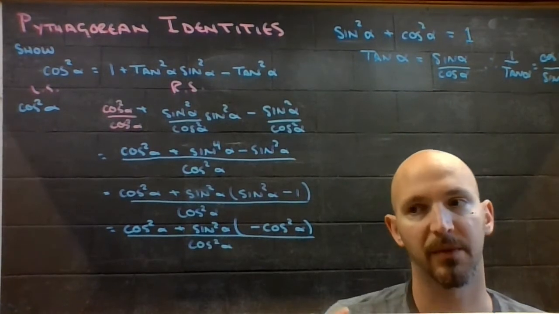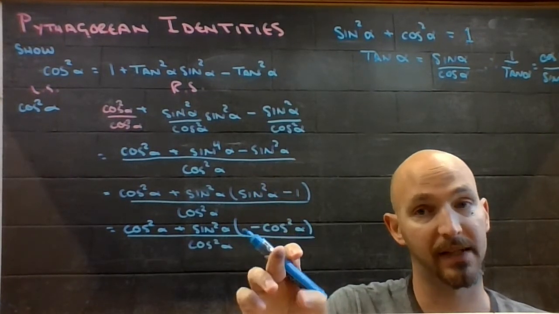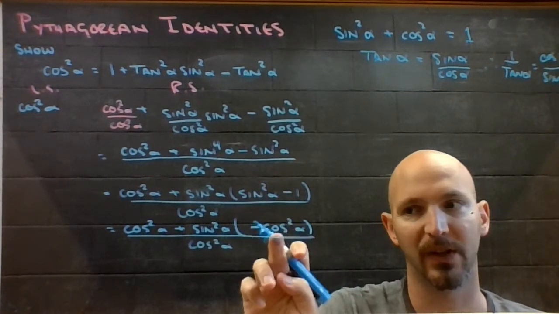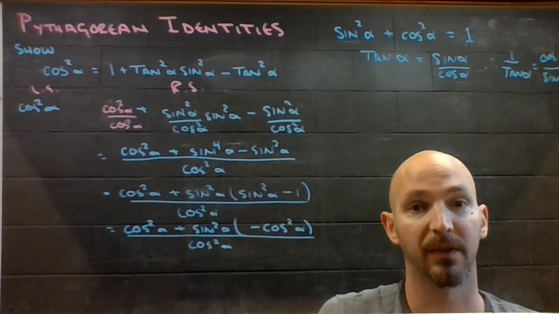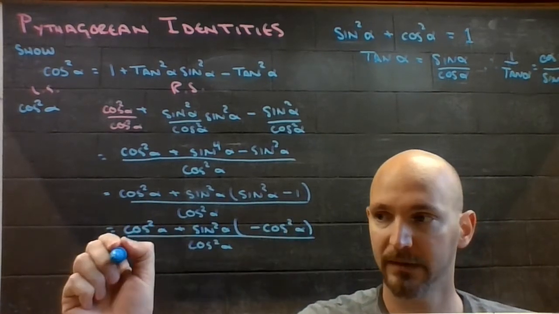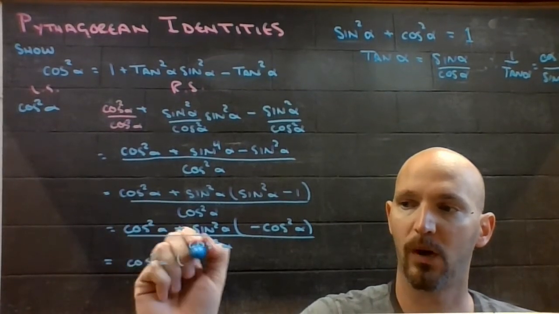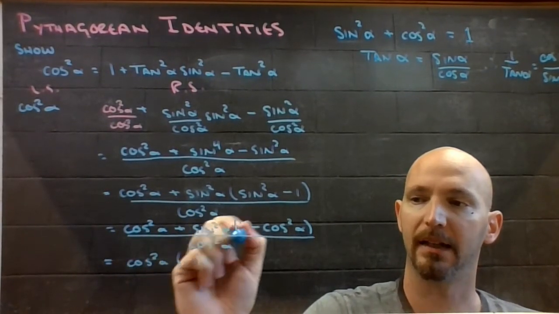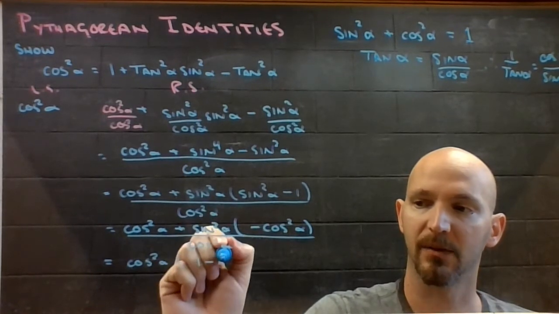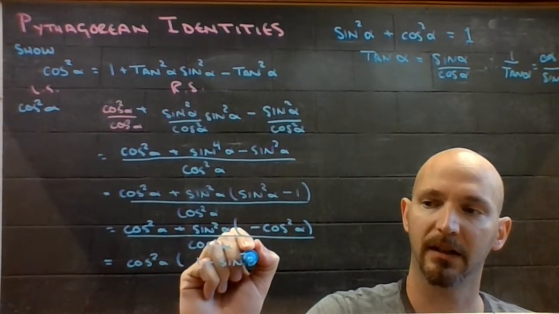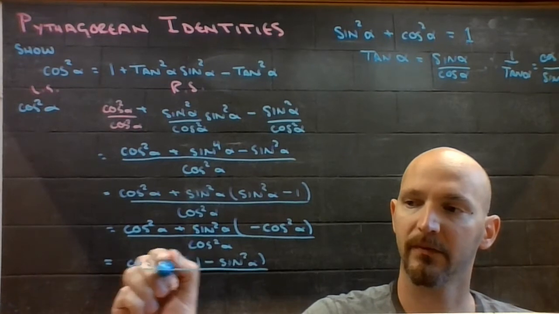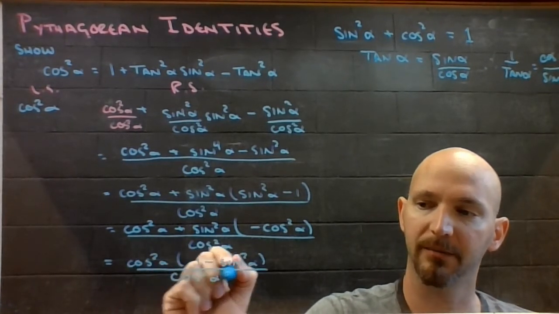So what did I accomplish there? Well, I reduced some of my sines and I introduced the cosine into both of these terms. So I can factor it out now. Cos squared alpha. That leaves a 1 here and a negative sine squared alpha here. Cos squared alpha in the bottom.